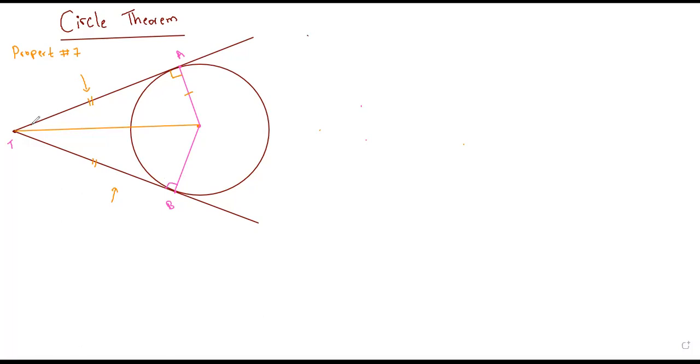So this angle and this angle are exactly the same because this angle is divided into 2 by this yellow line. I'll tell you all the parts of this property. This is one property, but we have multiple things in this. The next thing is that this angle and this angle are also the same. That is it.